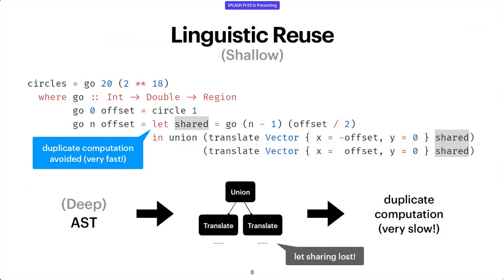So if we want to call a semantic interpretation like size, the shared will be calculated twice. And since the function goes recursively, it leaves a lot of duplicate computation, and the program will be very slow. In other words, in the deep embedding, the let sharing only exists in the syntactic phase, but it is lost in the semantic phase.